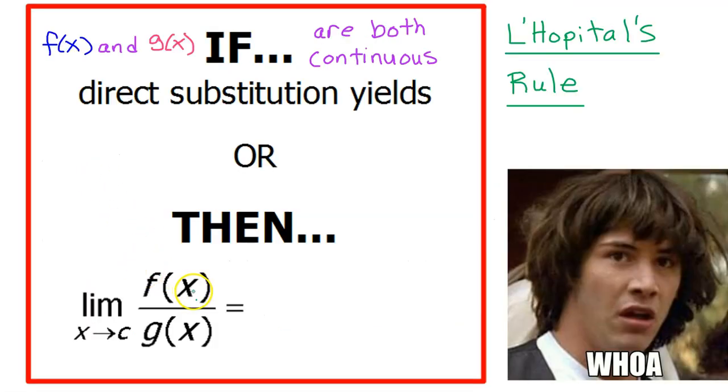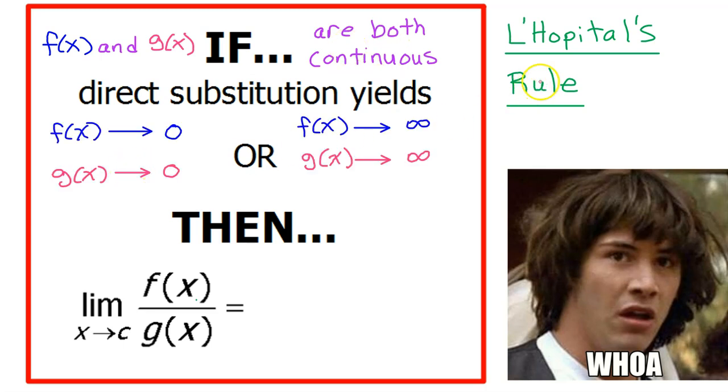If you are taking the limit of a rational expression, so a function in the numerator and a function in the denominator, sometimes you can use L'Hopital's rule to find the limit, but there are some preconditions. The first one is that the numerator and the denominator are both continuous functions.